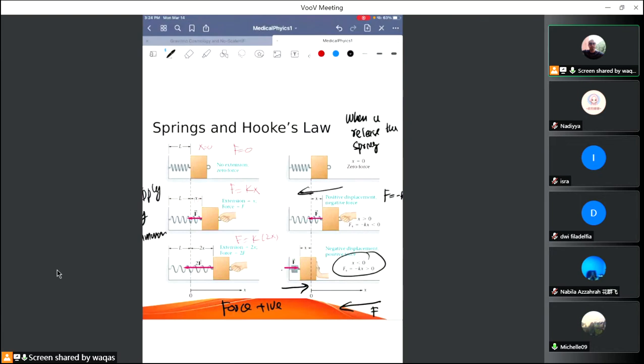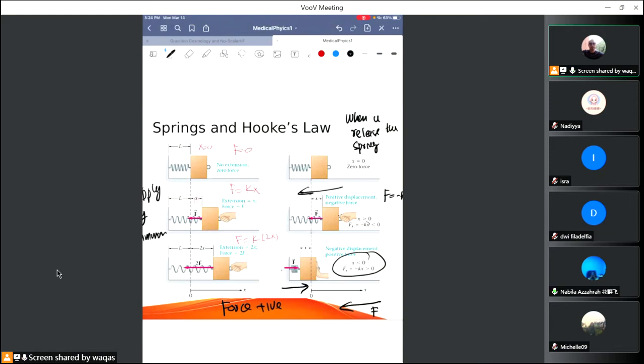Because we push the block towards the left. No, I mean, we push the block to the left, but what is the reason why we have a negative force? Here you can see that even if we push the block toward the right, we still have a negative force.